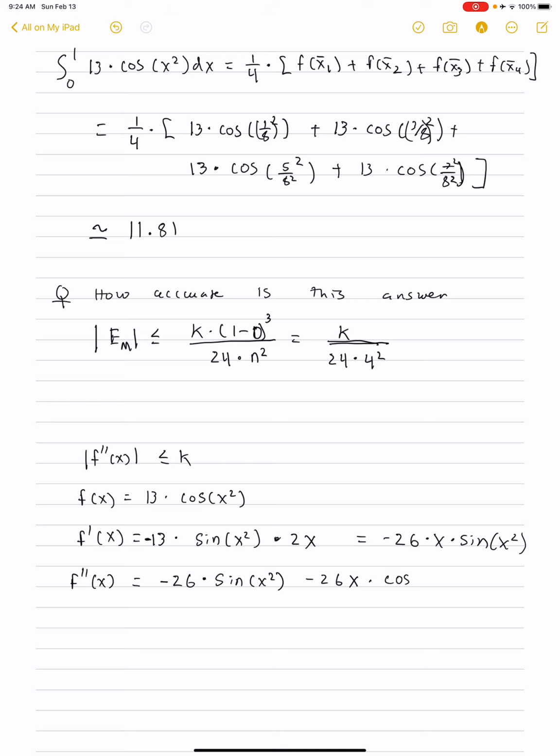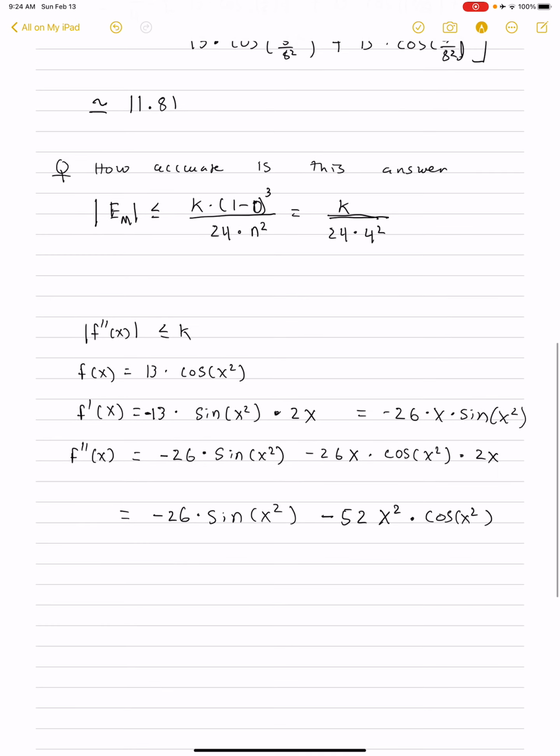That'll give me cosine of x squared times 2x. Let's write this out one more time: minus 26 times sine of x squared minus 52x squared times cosine of x squared.